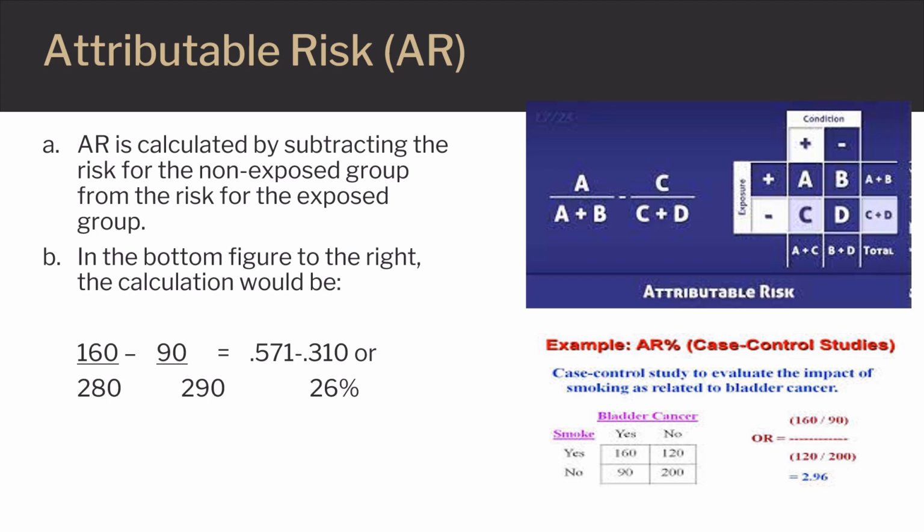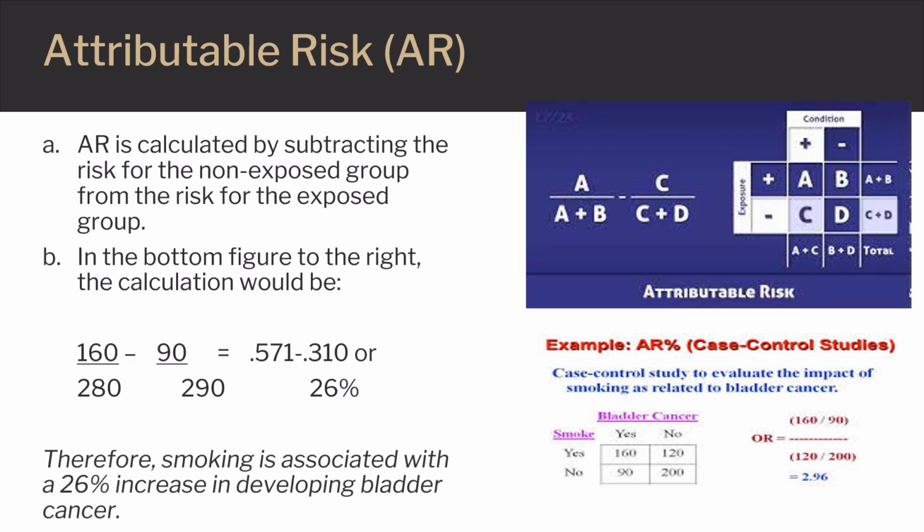Finally, we divide positive risk cases from a row total and subtract the negative cases over that row's total. The mathematics of this operation yields a percentage when multiplied by 100, and we then get a percentage of risk association. For example, smoking is associated with a 26% increase for developing bladder cancer.